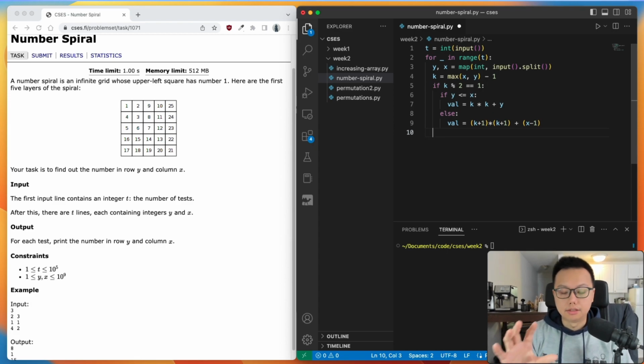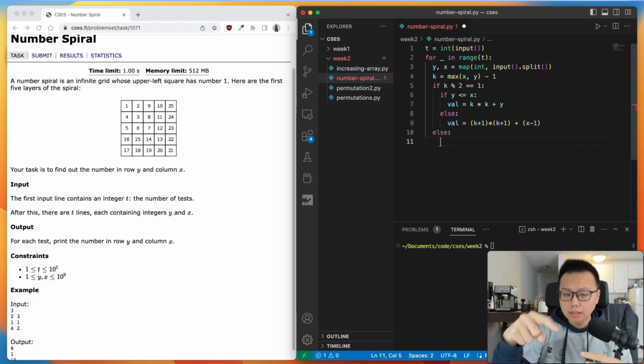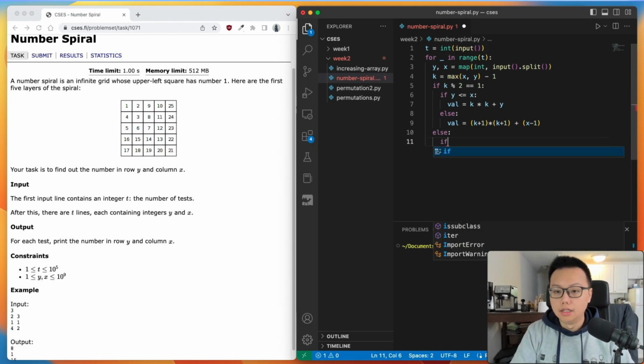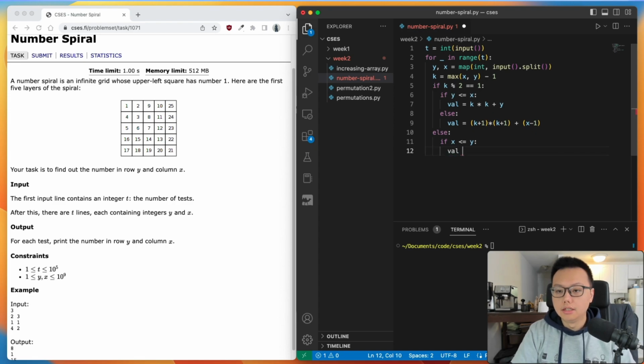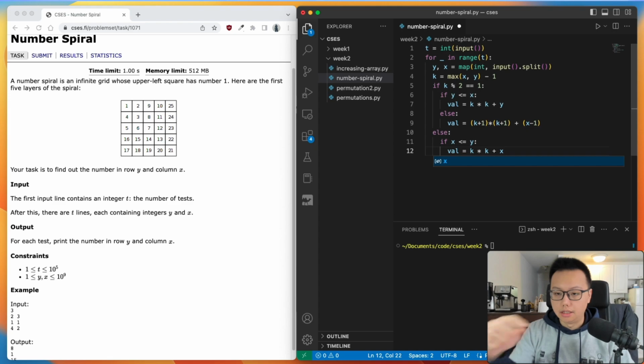This finishes the first case. In the second case, if k is an even number, we should do the reverse. We start from the yth row and go to the right. So if x is smaller, in this case it actually counts from the lower left location, and we just do x columns.